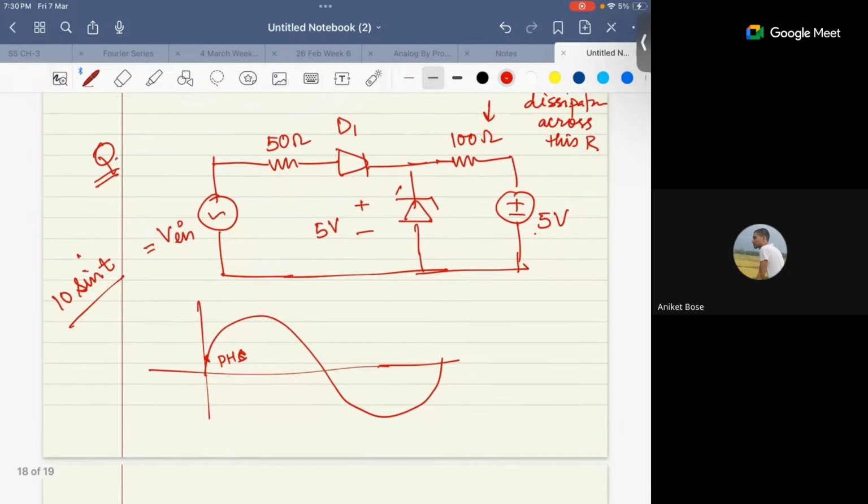Then we also have to check till which voltage D1 will be on or off, whatever assumption we are making. Is it clear to everyone or not?